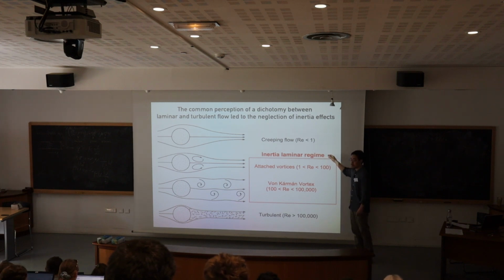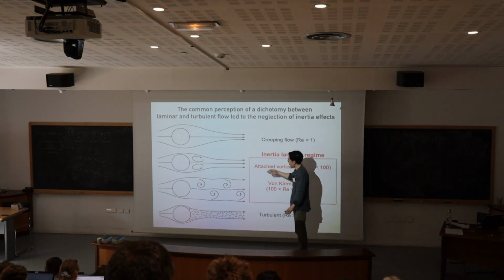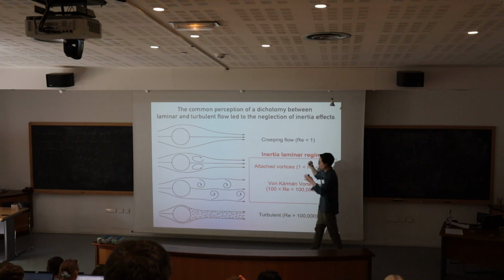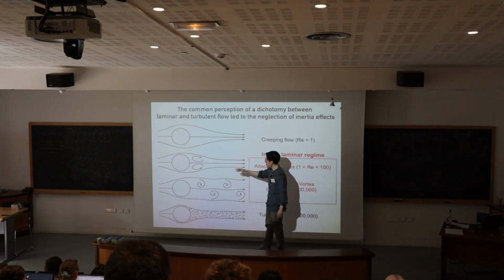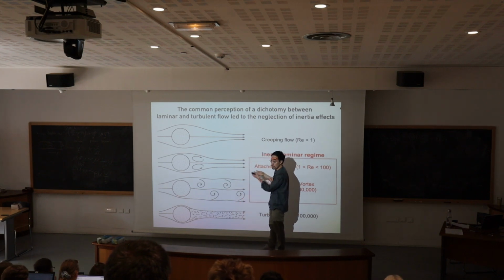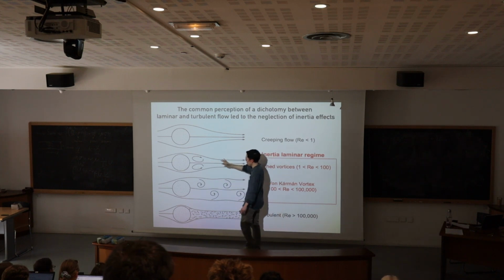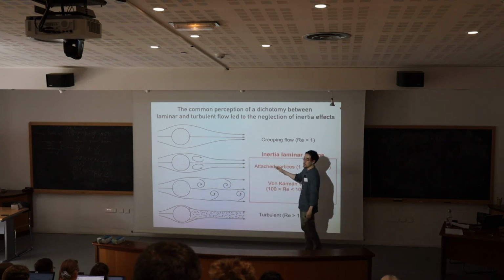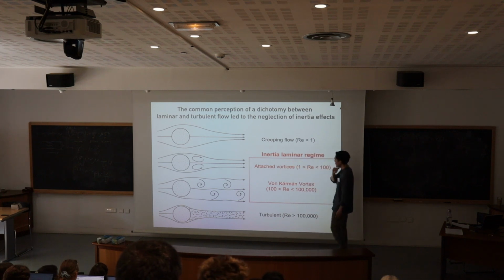And this inertial laminar regime is not just one order of magnitude in terms of flow. If you think about this simple example, this very characteristic inertial laminar regime, which I will talk more about, and if you have questions, feel free to ask, is very different from chaotic turbulent flow. Everything is predictable; even for this attached vortices case, the flow field is completely steady state, but inertia can completely change the flow, mixing, and reactive transport.